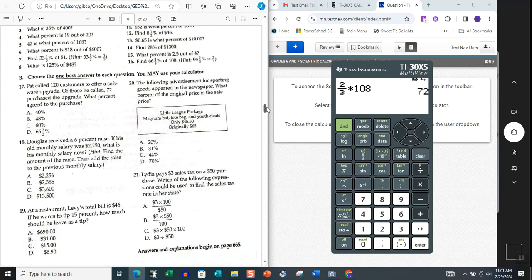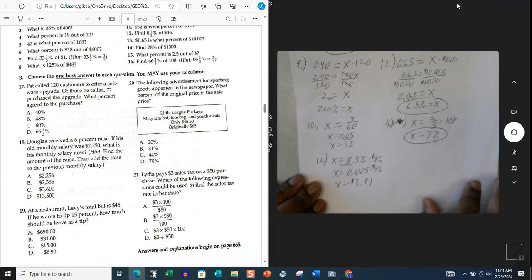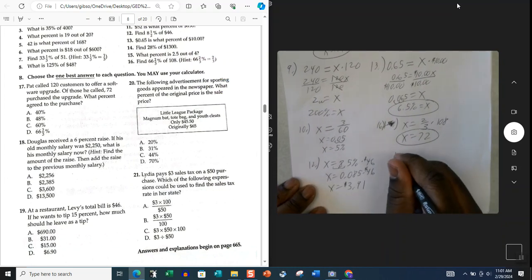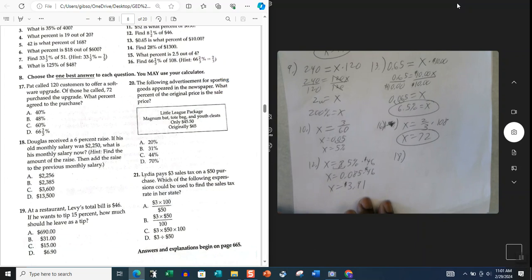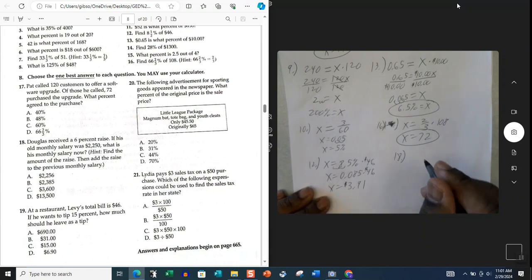Okay, so here's the thing with this. It says Douglas received a 6% raise. So that means he got 6% more than what his old salary was. So basically, I'm going to show you this here, and you will have to use what I call some of your everyday life skills to solve this problem. Okay, first of all, Douglas started out making $2,250.